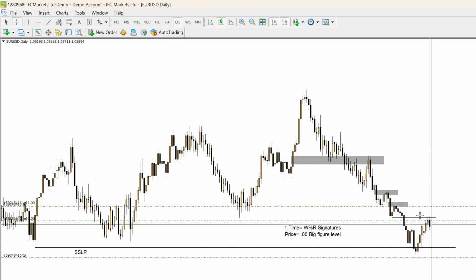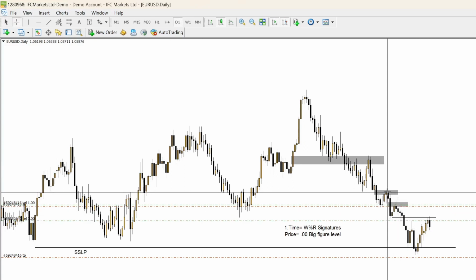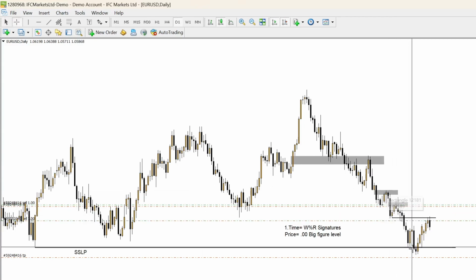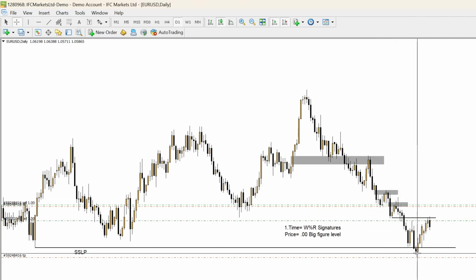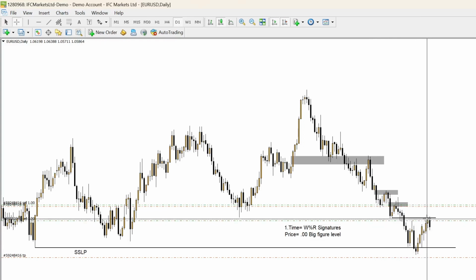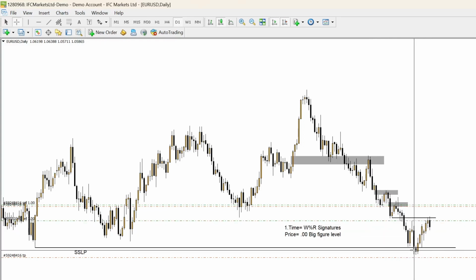If we look at these ranges, we're going to take this high to this low, 300 pips. 300 pips was the range. From this range high to this range low, how much are we going to have to retrace at least to enter a position? We cut the range in half.